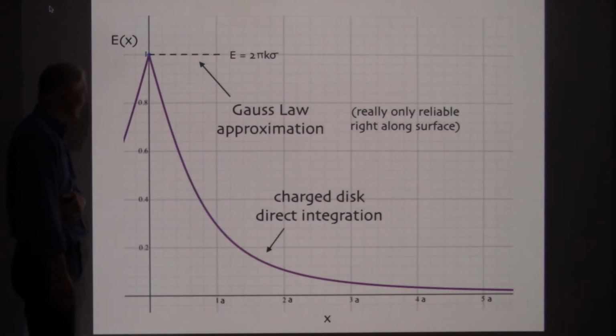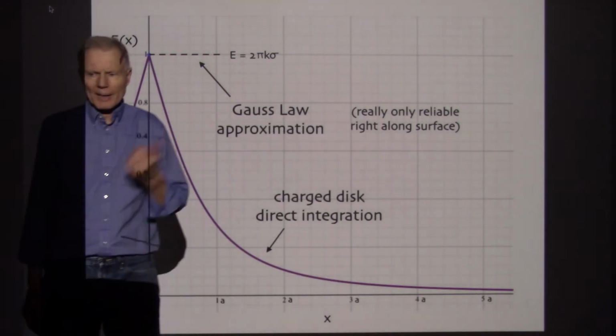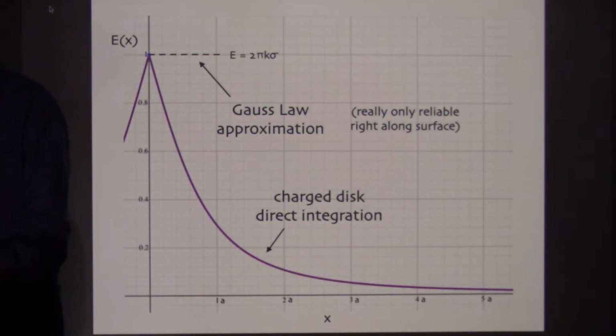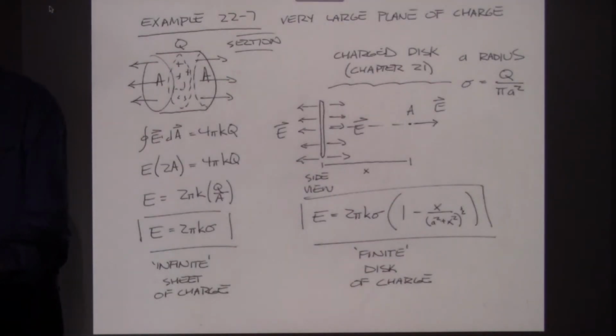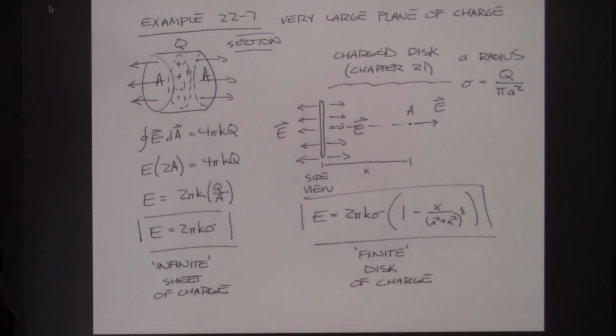And then by the time we're at 2a, now that would be a diameter, it's down to about 10%. What happens in these chapters on Gauss's law, I always feel like they're trying to get students really enthusiastic about how great these Gauss's law approximations are, when in reality, they work perfectly if you have spherical distributions, but if you have these sheets or cylinders, they only work if you're really close to that surface.